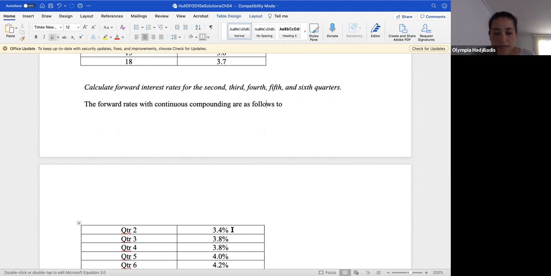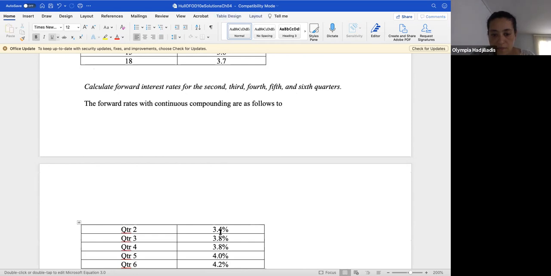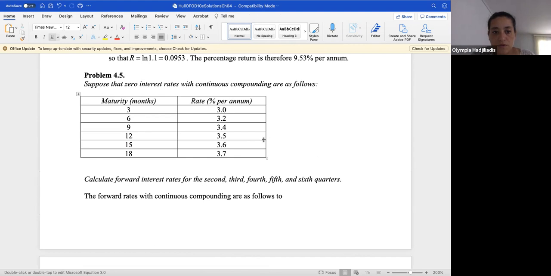And you do the exact same thing for all the other rates. So in order to find this rate over here, 3.8% for the third quarter, you will use this rate, 3.2 and 3.4, and you will have e to the 3.2 times a quarter, times e to the forward rate times 1 quarter, should equal e to the 3.4 times 1/2.